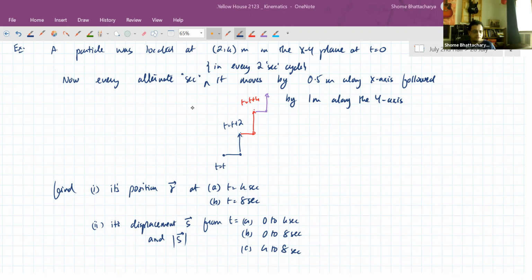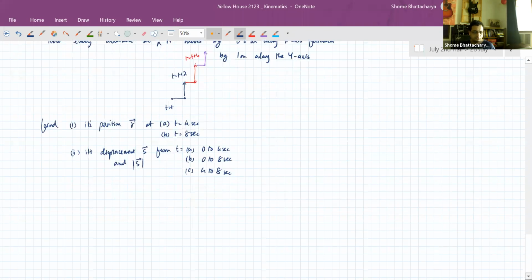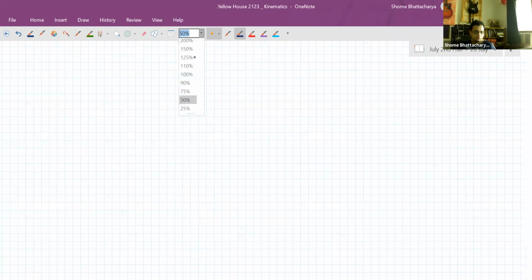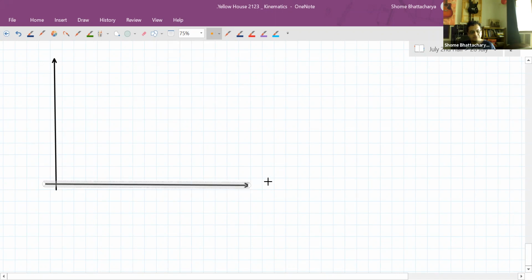Okay, so in this question, what we can do is a visual representation of the whole thing. So we can start by visualizing the coordinate frame as a standard XY.